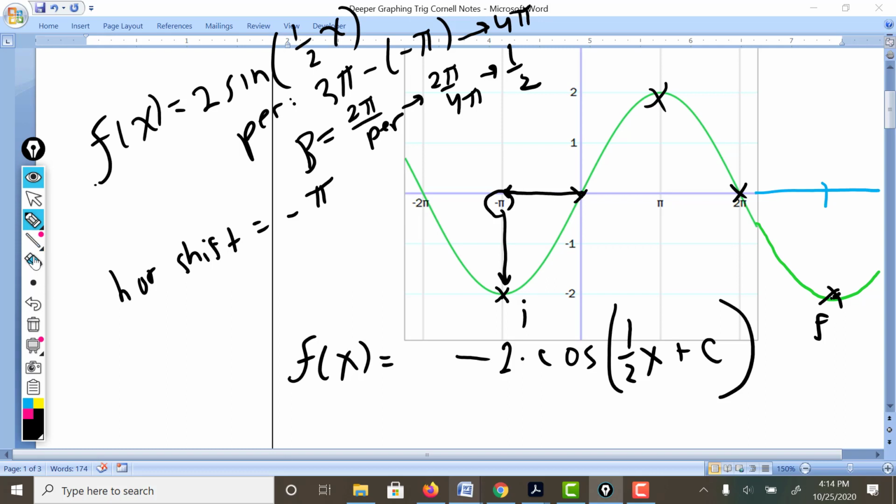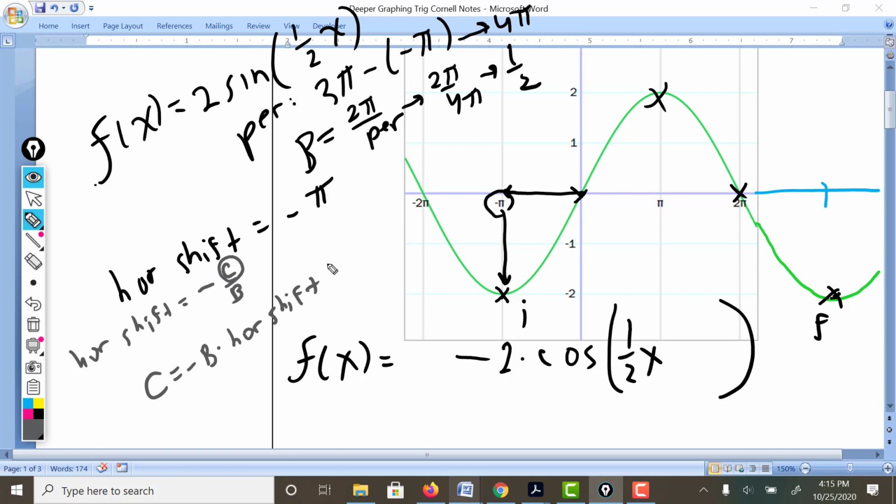So the question is, what is c going to be? Well, if you recall, the horizontal shift is negative c over b. I want the c by itself. So if I multiply both sides by negative b, I get c is equal to negative b times the horizontal shift.